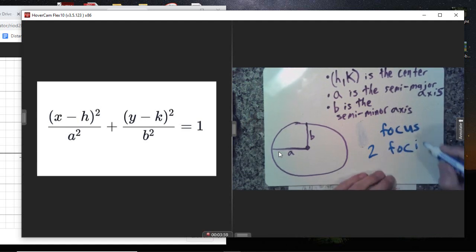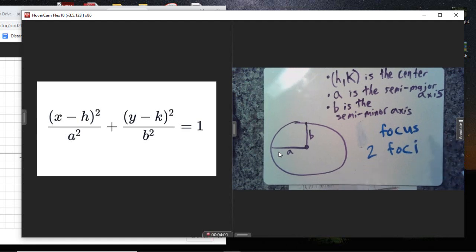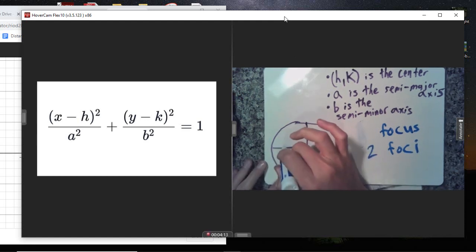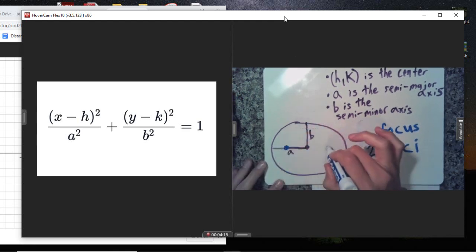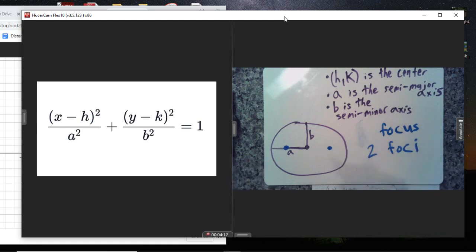Kind of a weird word, but that's what it is. Now what each focus is, you'll have to look at that first video to understand the concept, but in order to just find the coordinates, let's go ahead and talk about it. So here's where the foci are located. They're located about here and here. Now they're the same distance from the center.